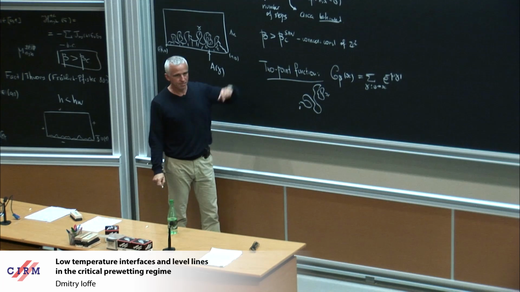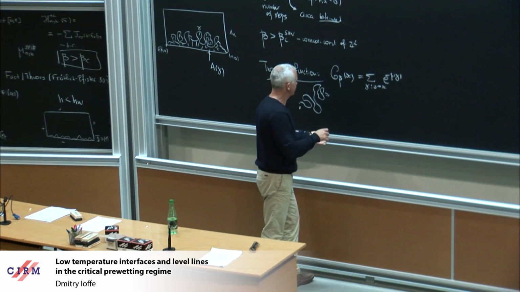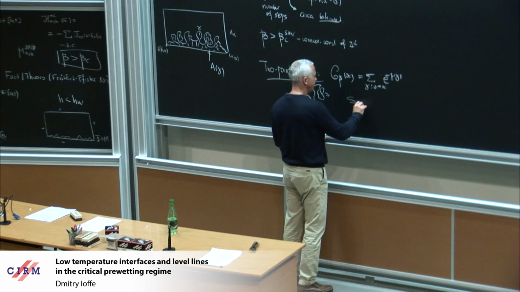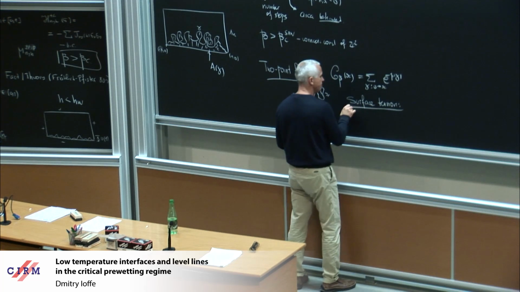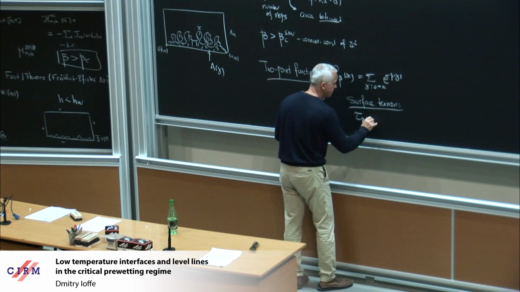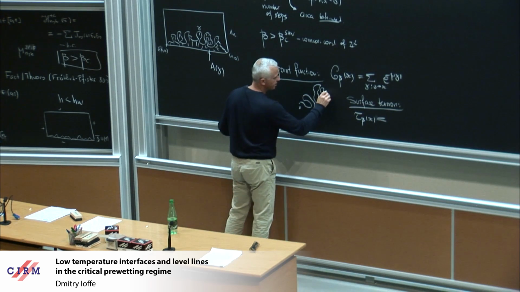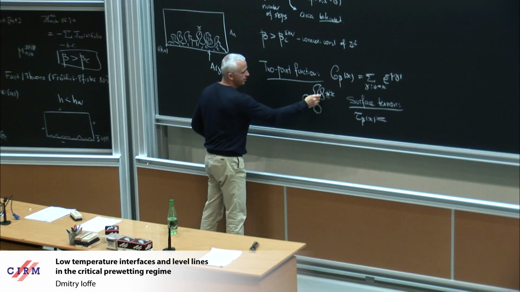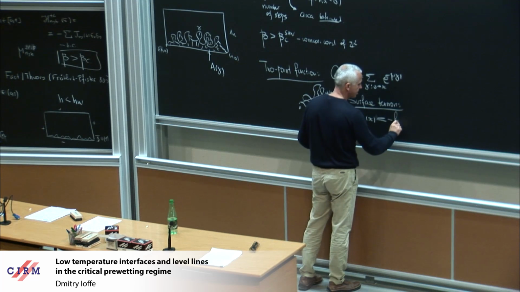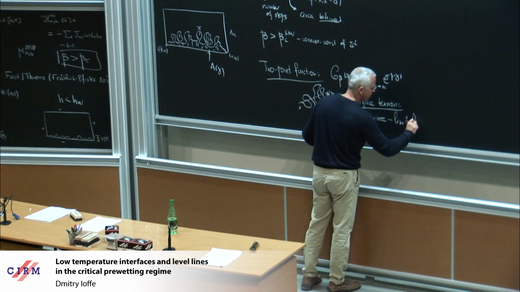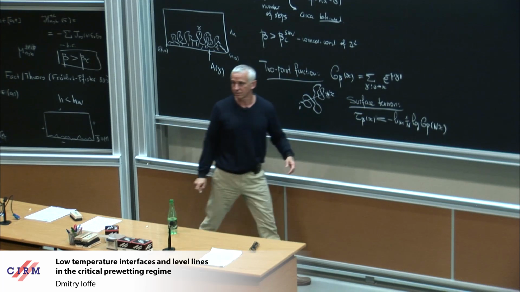If beta is larger than beta critical, this is well defined. Okay, and then surface tension. Surface tension tau beta of x will be computed in the following way. Instead of this picture, you take nx, a point far away in the direction of x, and you compute minus the limit of 1 over n log g beta of nx. Okay, clear?